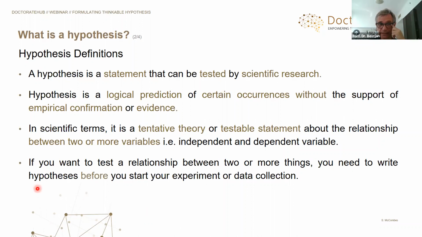Okay, so please understand that before you start your experiment, the hypotheses have to be there because they are guiding how you will perform your experiment, what statistical tools or even models you will be using and things like that. So it has to be definitely before.